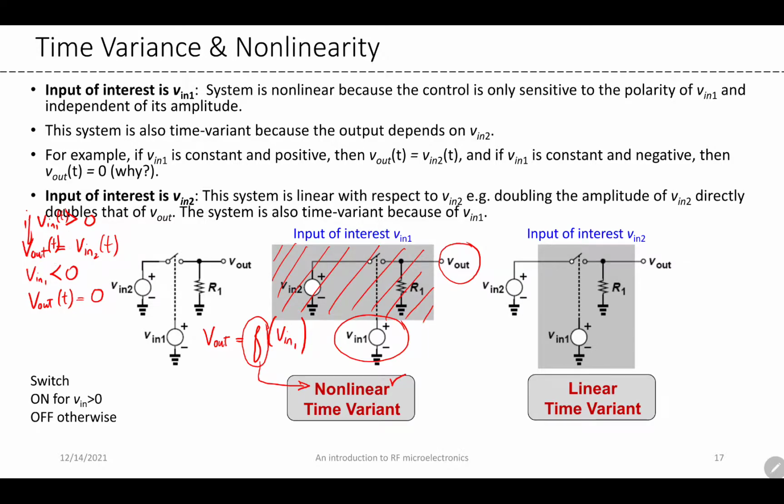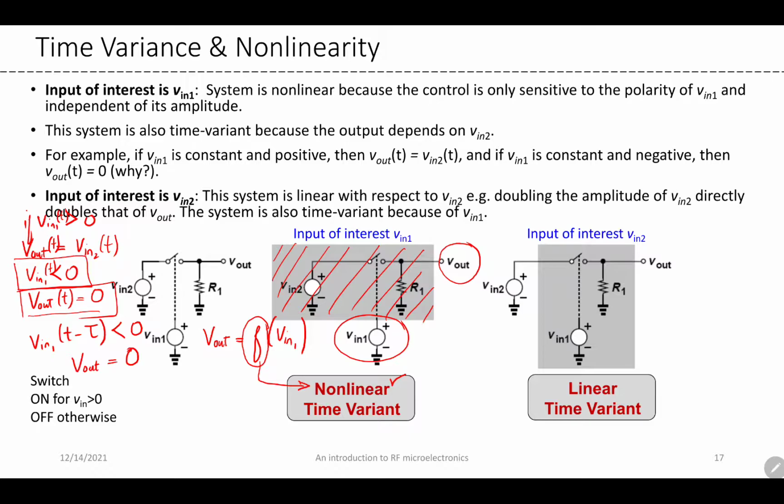Now, assume this case. If V in 1, as a function of T, is less than 0, V out is always 0. No matter if I apply this V in 1 with a time difference, as long as it's negative, V out will be 0, right?